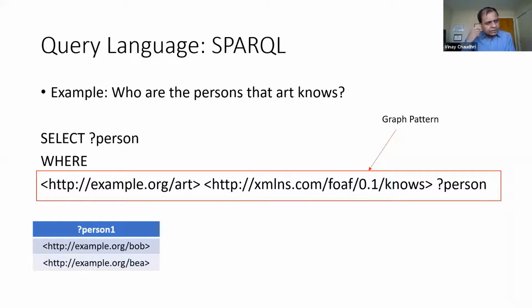It turns out that instead of one triple, there is more information in our data set, and we get two answers, Bob and Babe, when this query is evaluated.